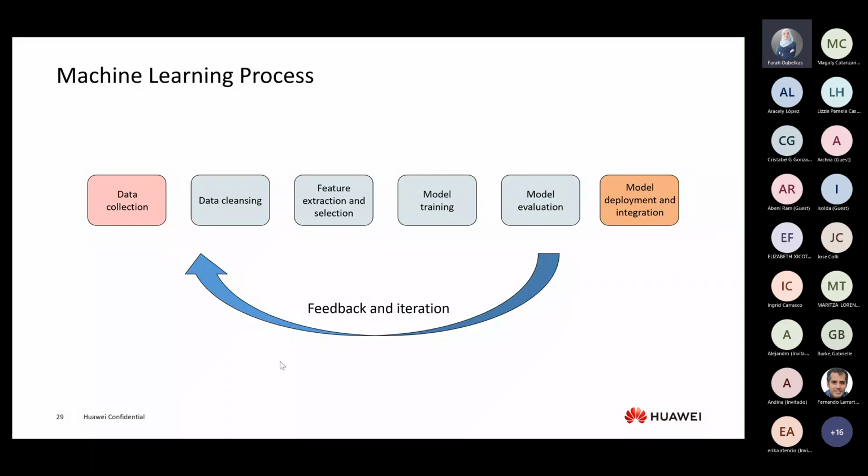And then we have the feature extraction and selection. As we mentioned before, we have features and we have the target variable. In order to extract features, we can have, for example, in an Excel file, millions, even billions of features.